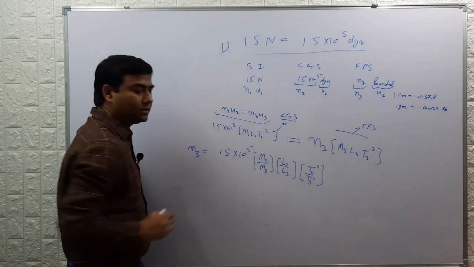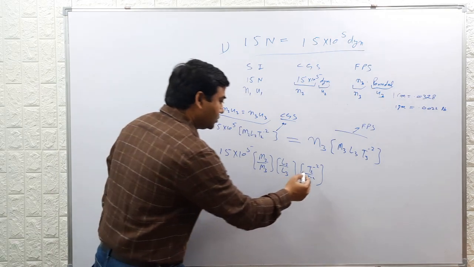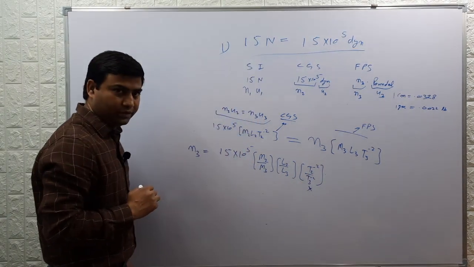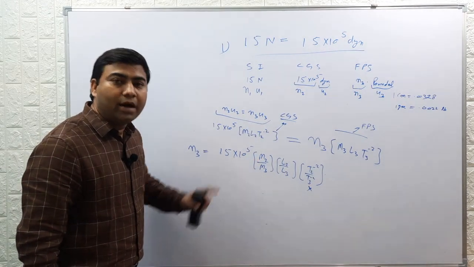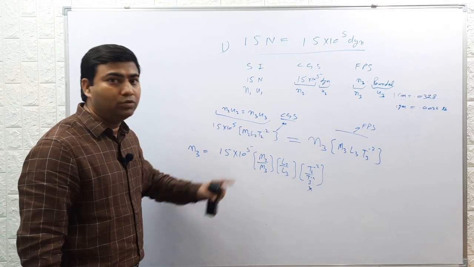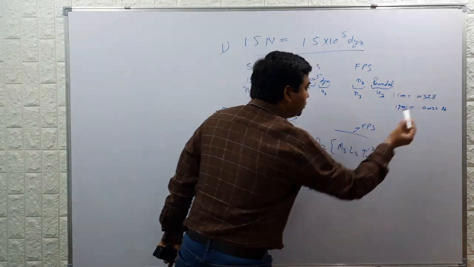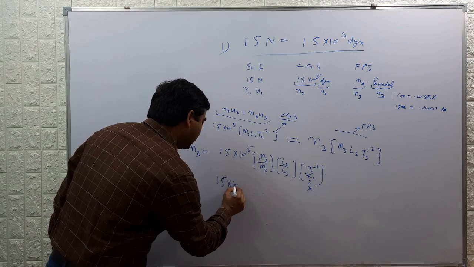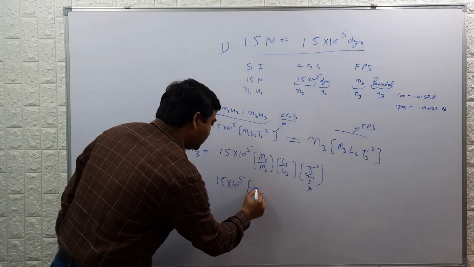Second is the unit of time in both systems, so it can be cancelled. This ratio will be 1. M2 is gram in CGS system and M3 is pound in FPS system. So 1 gram is 0.0022 pound. So we can write M2 by M3 as 0.0022.